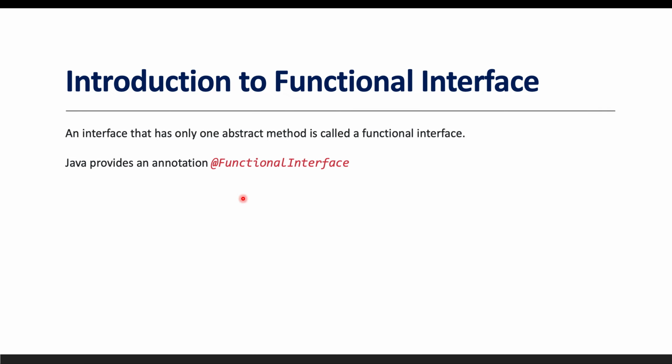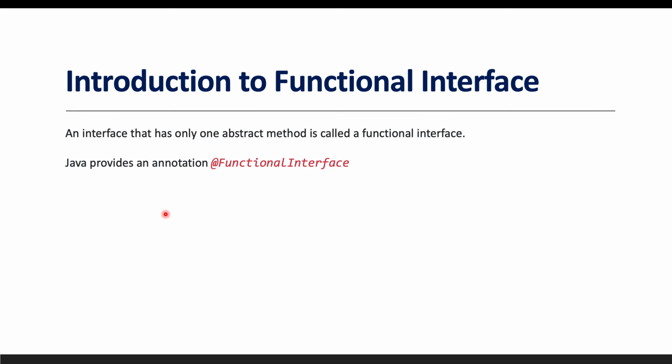And if you try to define multiple abstract methods inside the functional interface, it is going to throw a compile time error. We will see this in detail in the discussion of the functional interface in the next upcoming video. At a high level, you just need to know that a functional interface is an interface which has exactly one abstract method, and that is used by the Lambda expression to identify the name of the function, argument of the function, type of the argument passed inside the function, and return type of the function.